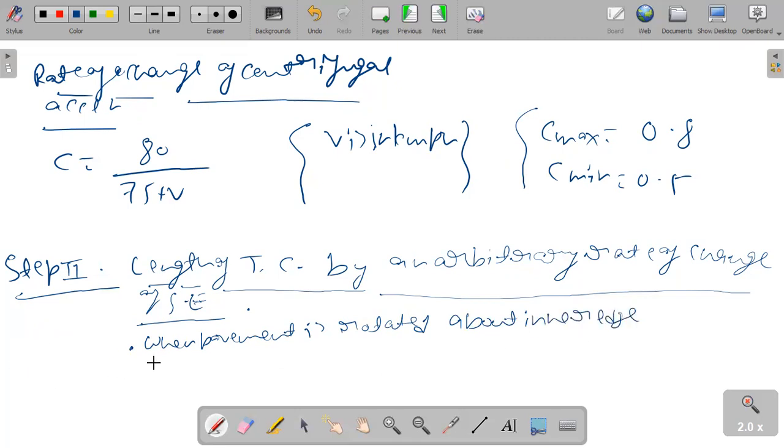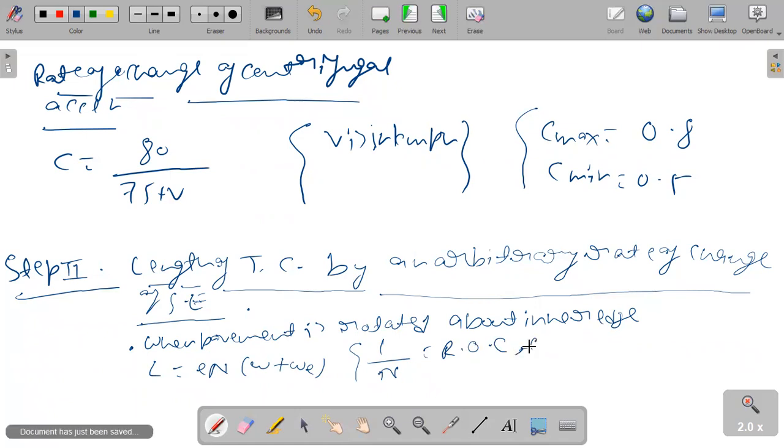Then we have a simple formula: L is equal to E n (W plus We), where 1 by n is the rate of change of superelevation.